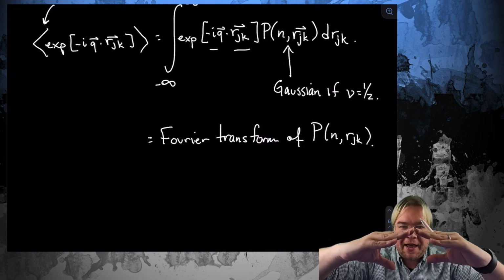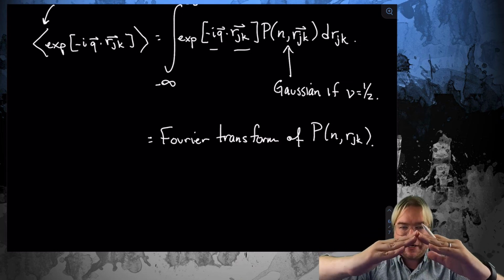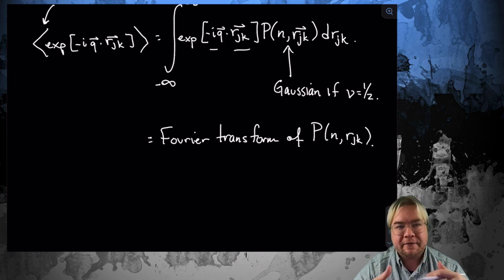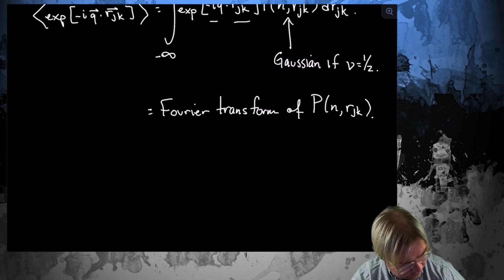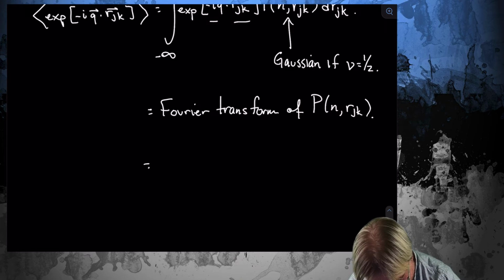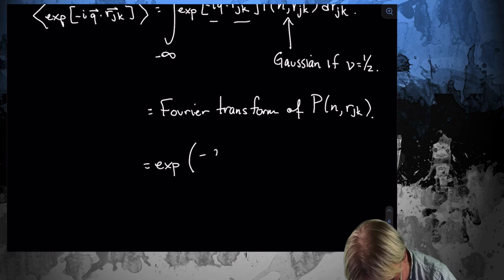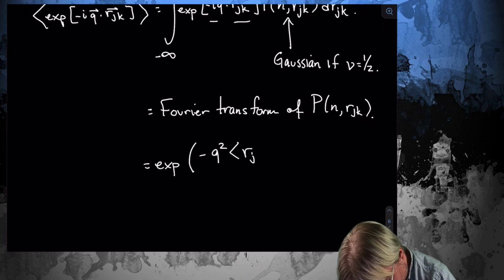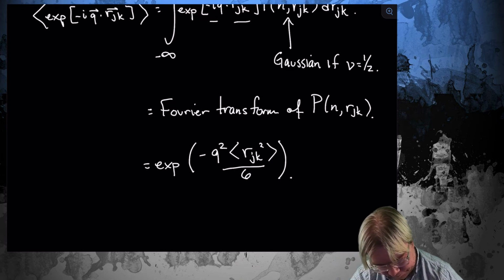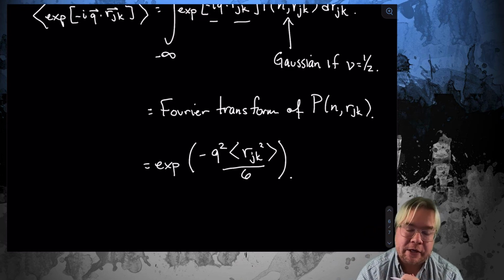So if you have a really fat, wide Gaussian, then the Fourier transform will give you a sharp Gaussian, and vice versa. So the result of this is that the average value of this function will be the exponential of minus q squared times the average value of r_jk squared, divided by 6.